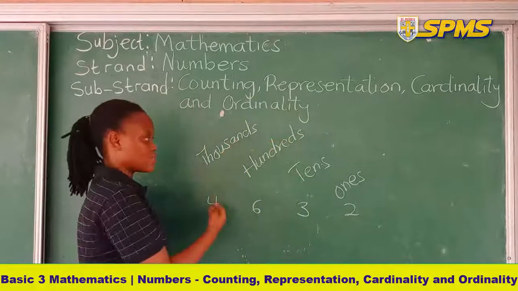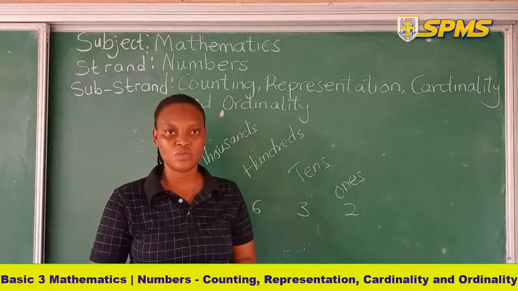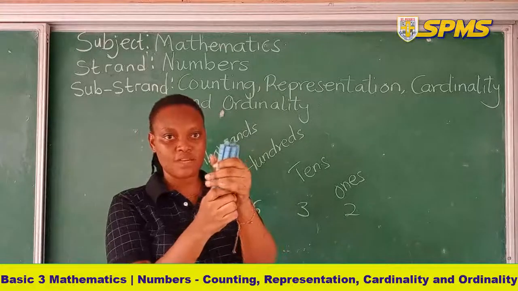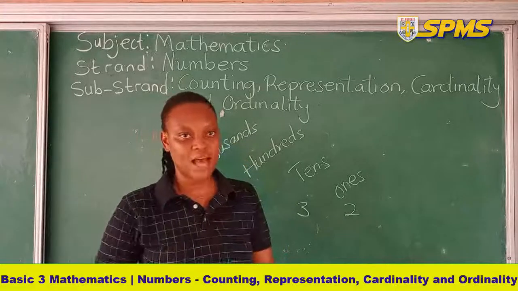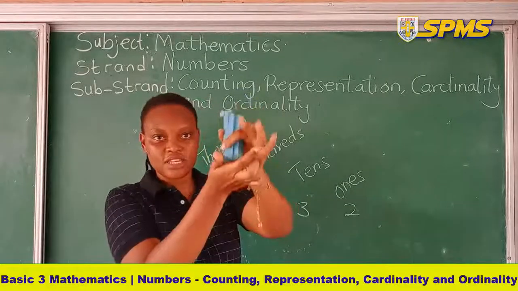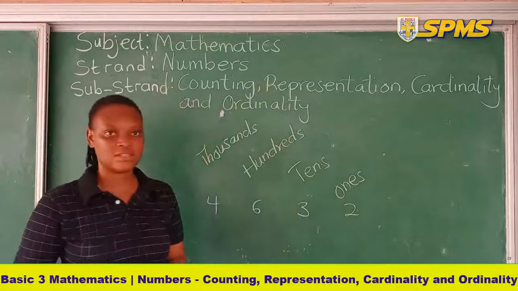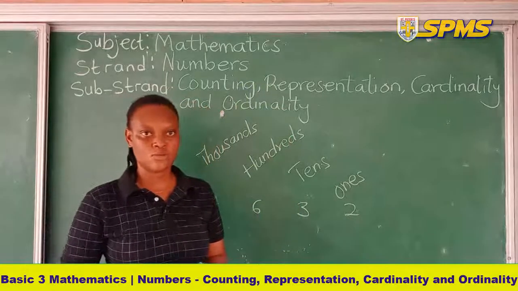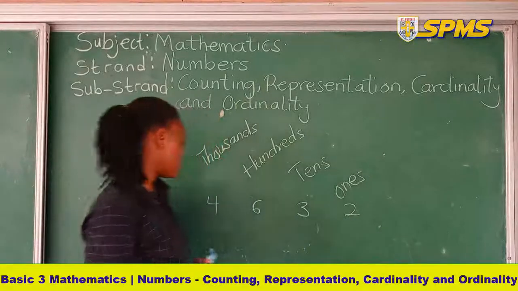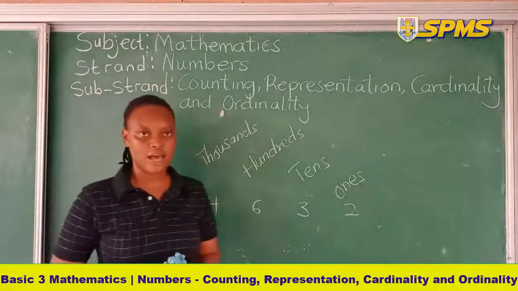And then with the thousands, in our first lesson we said that 10 of the hundreds will give us 1,000. So putting 4 of those 1,000 together, we'll have 4,000.